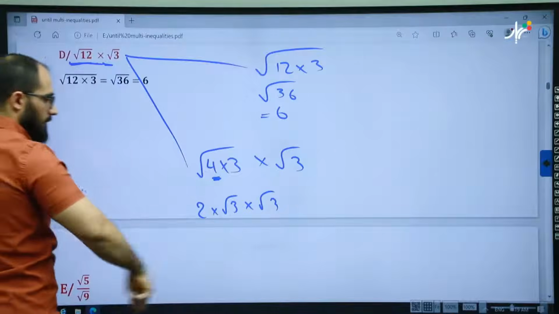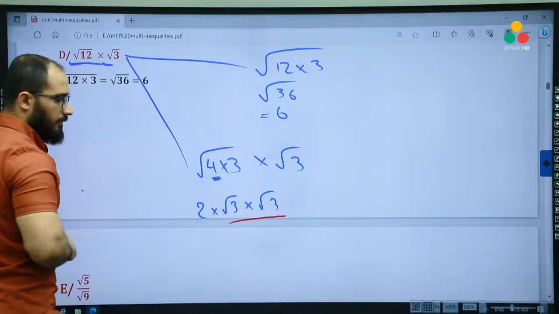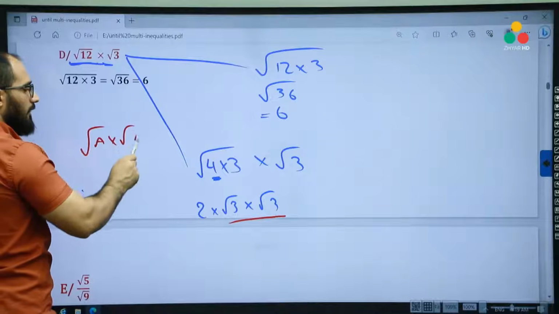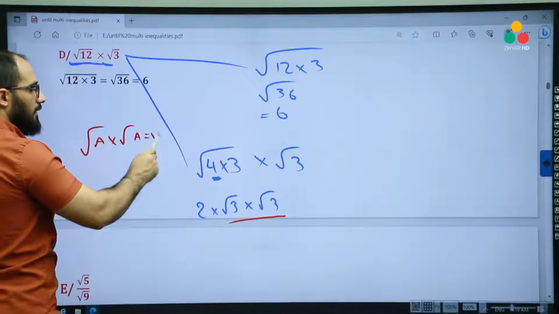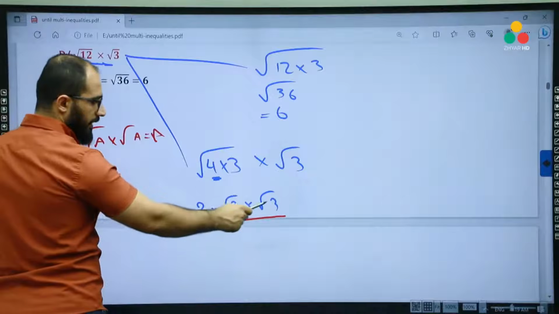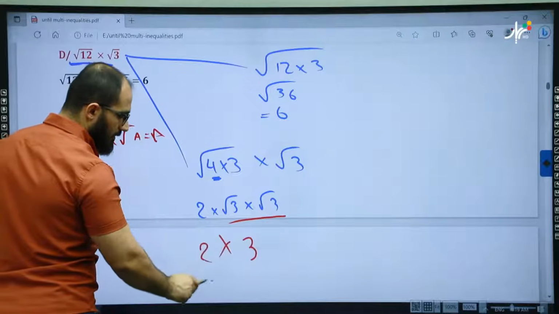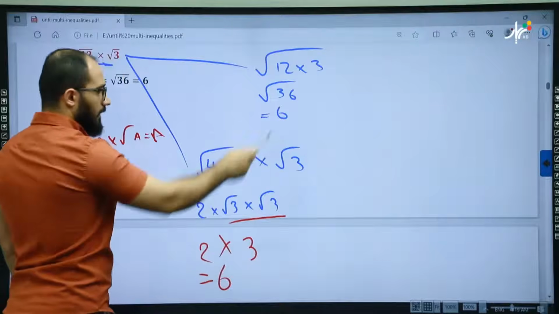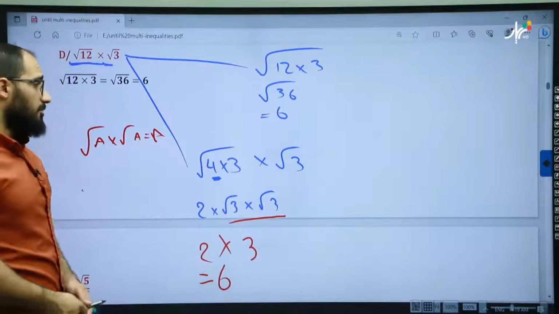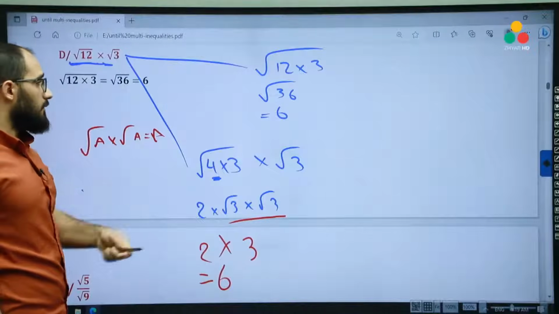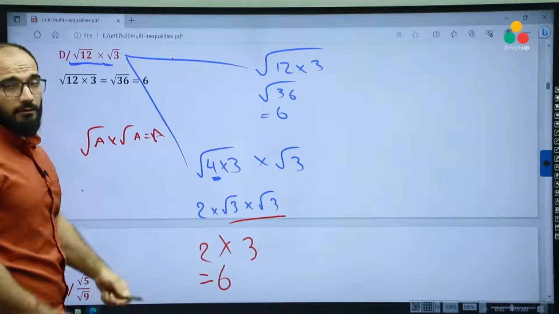Square root of a times square root of a is equal to a, so square root of 3 times square root of 3 is 3. Times 2 is equal to 6. So you get the same result. But maybe you forget that way, then you are free to choose any of them.